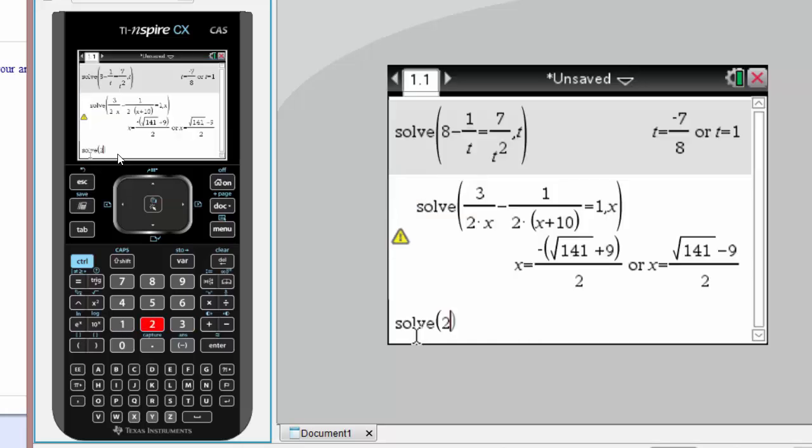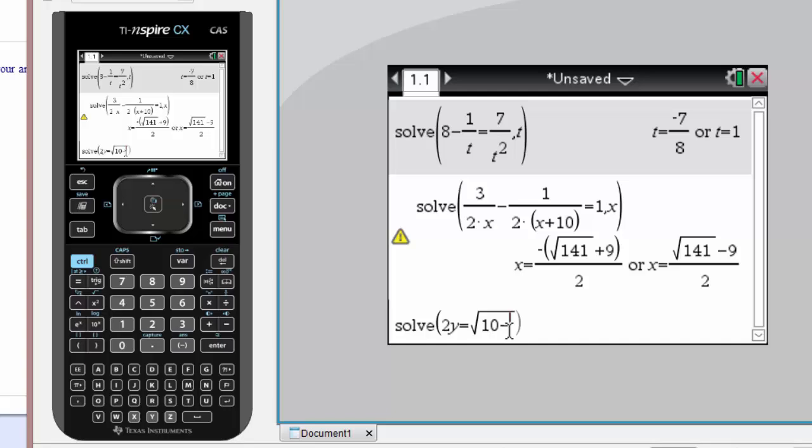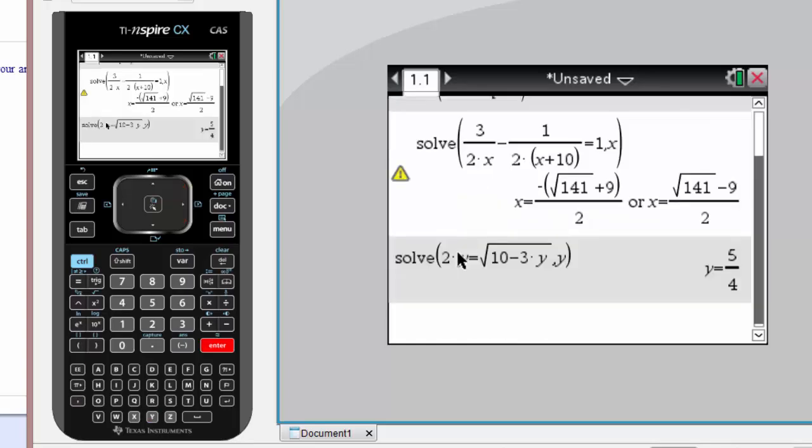I want to solve 2y equals the square root of 10 minus 3y. Get out of the square root, and I would like to solve that for y. And there's your solution, 5/4.